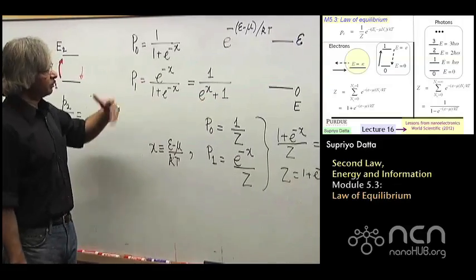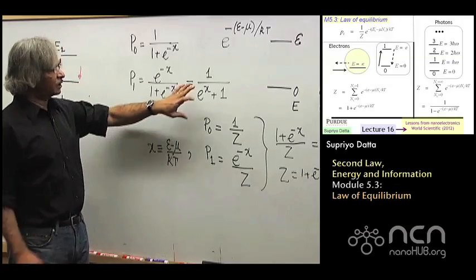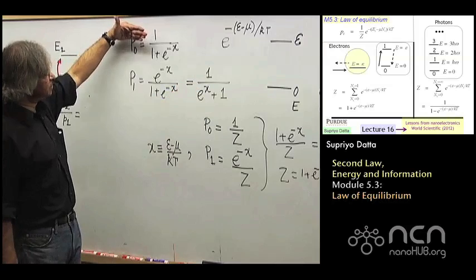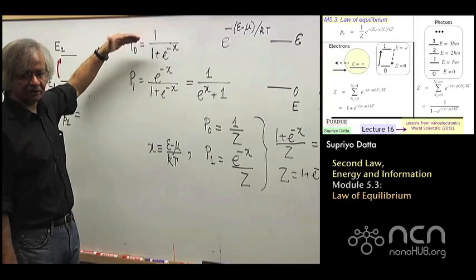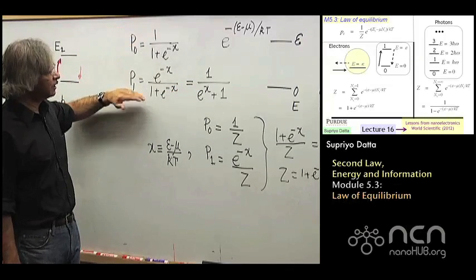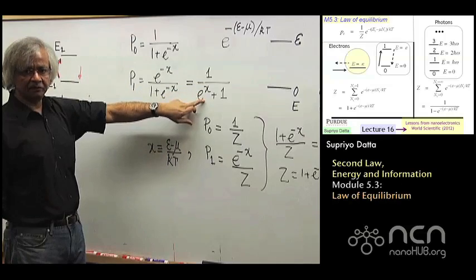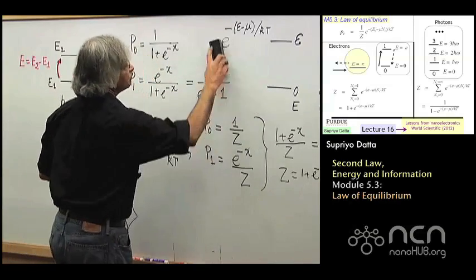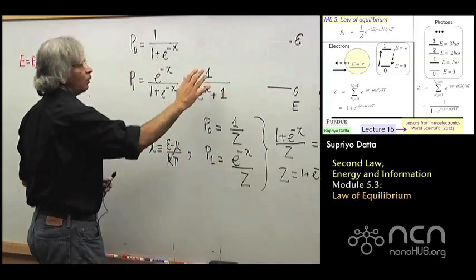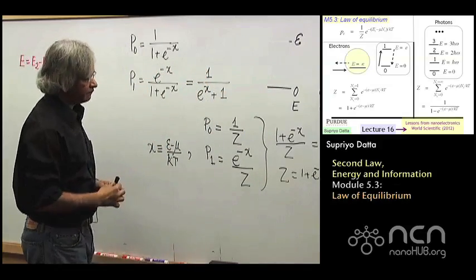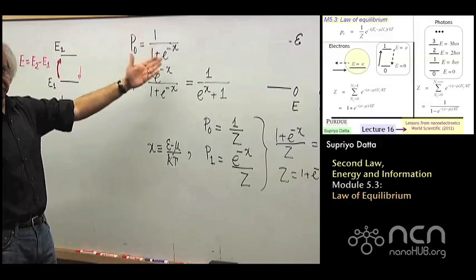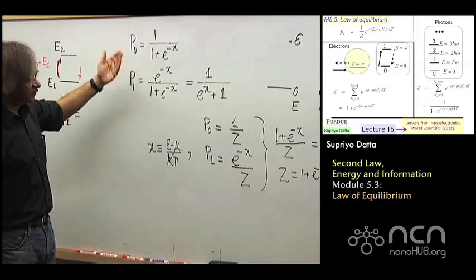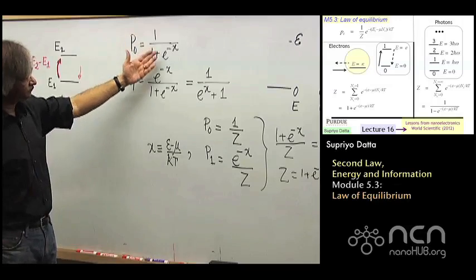It tells you that when you have a level epsilon, what is the average number of electrons in there? Well, the probability of having 0 electrons is that one, probability of having 1 electron is this one, and it's given by the Fermi function. And if you looked at P0, you'd find it would be basically 1 minus this quantity. Okay. So what this shows is that the general law of equilibrium that we discussed gives you the Fermi function.